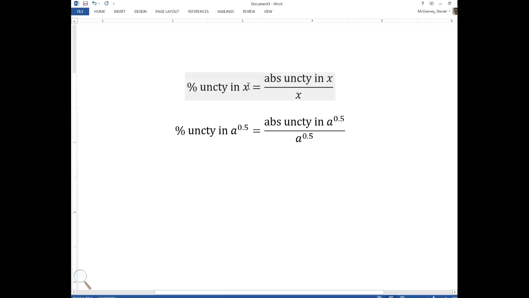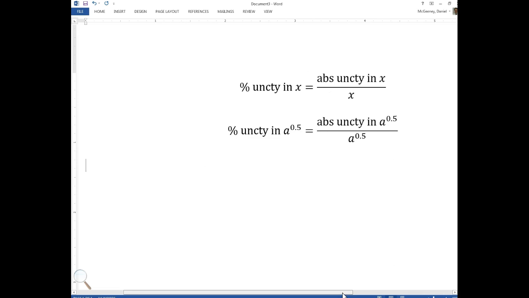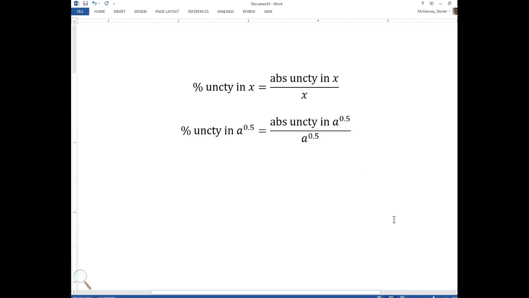The general rule is for any variable or measurement x, the percentage uncertainty is equal to the absolute uncertainty divided by the value of x. So if I have not x but a to the 0.5, whatever that value is, the percent uncertainty in a to the 0.5 is the absolute uncertainty in a to the 0.5 divided by a to the 0.5. So how can I find the absolute uncertainty? I multiply both sides by a to the 0.5.